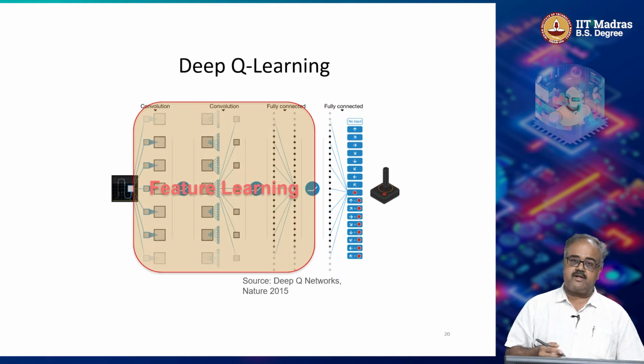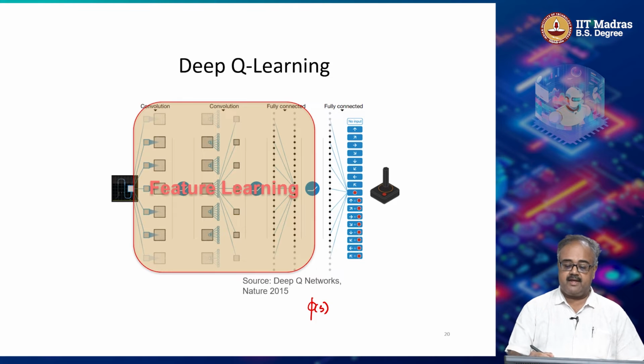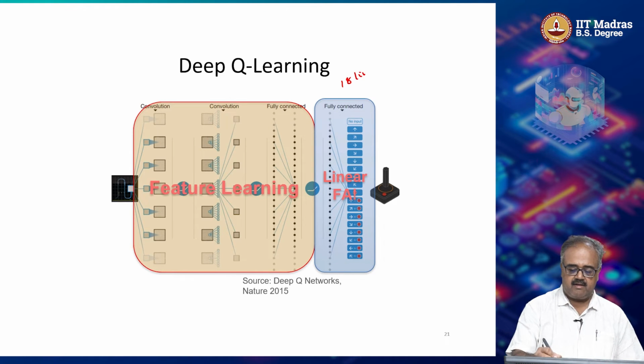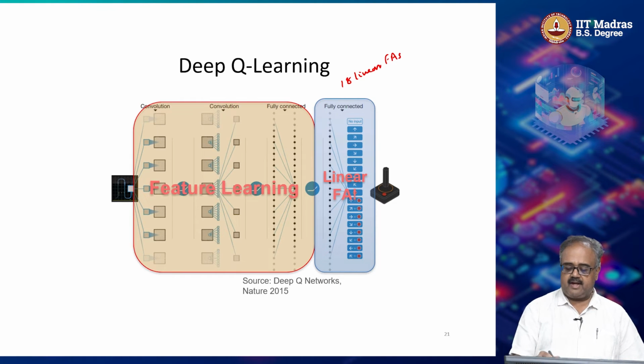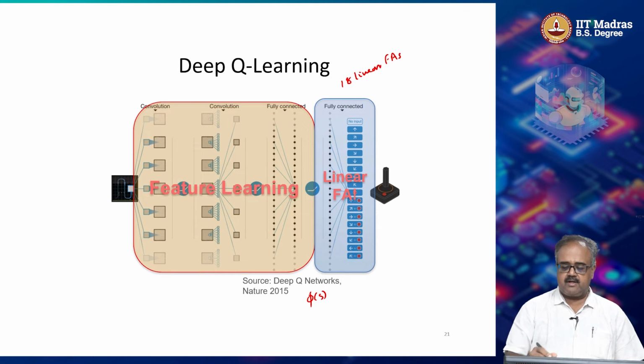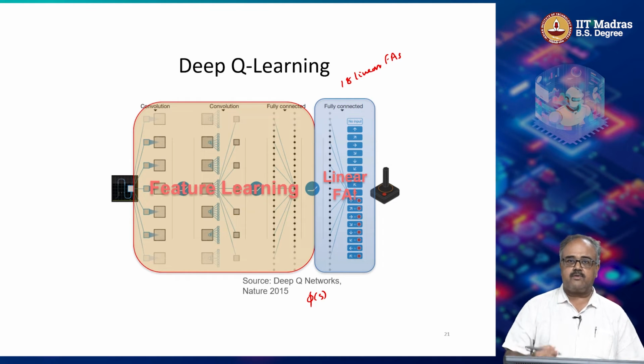One way of thinking about it is that everything up to this point learns phi of S, and then I have 18 linear function approximators that take phi of S as input and output the Q values for the 18 different actions. So there are 18 sets of weights at the output layer, each connected to one action.